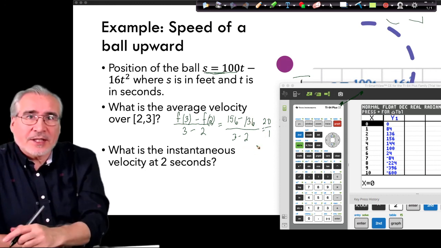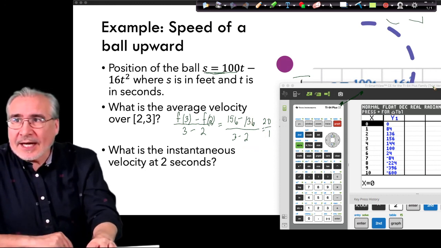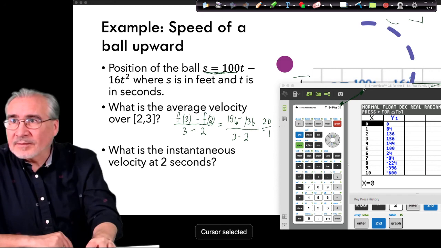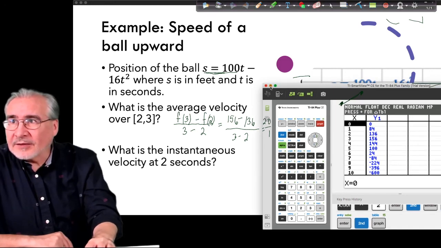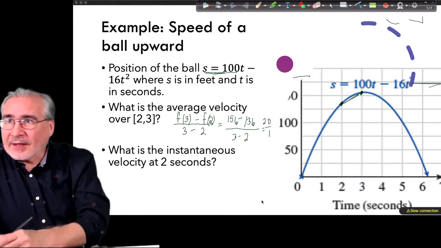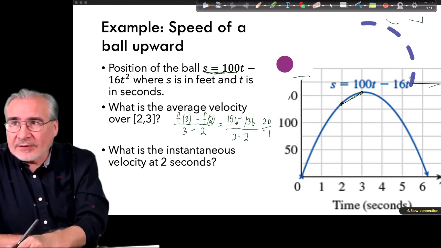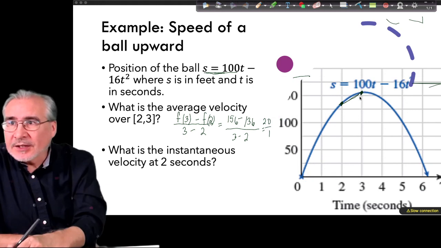So at this particular point in time, we do see it's positive, it's going up, and it's about 20 feet per second.